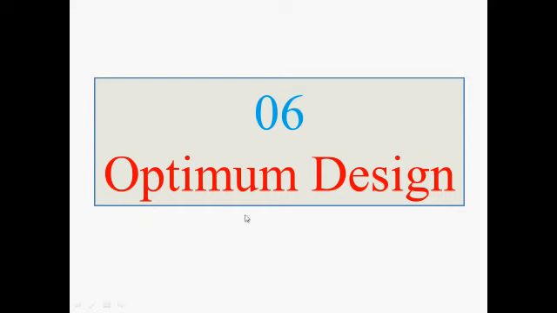Here we are designing by optimizing the required parameters like cost and weight. So this is the difference between just design and optimum design. Design will have many solutions, but optimum design will have only one solution.